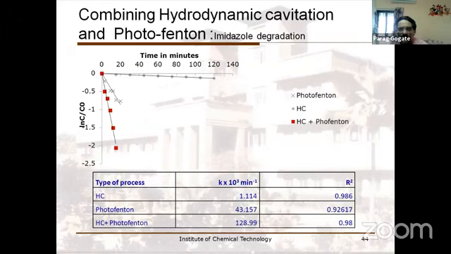So what I wanted to say here is that combining too many processes is also not a good idea. You need to tailor that particular process, and somewhere you might get good results only on the basis of hydrogen peroxide addition. So I don't want to add Fenton, I don't want to include photo, but depending on the system, of course.